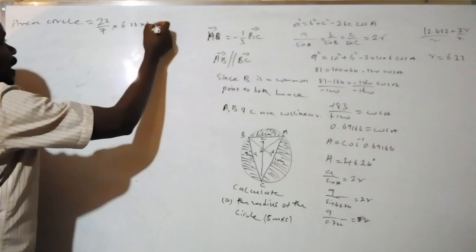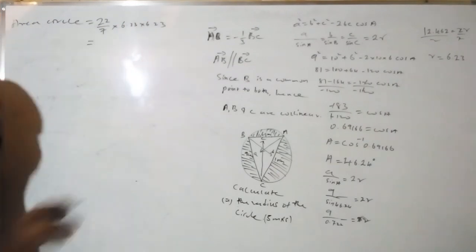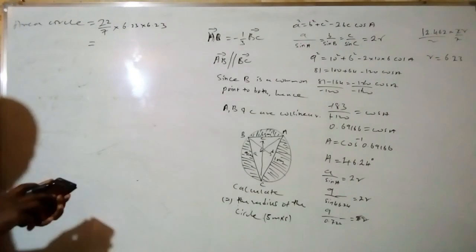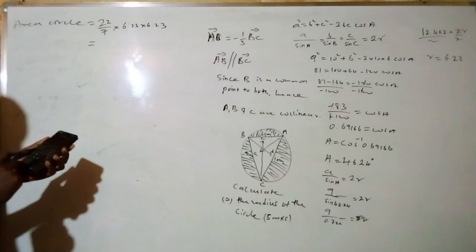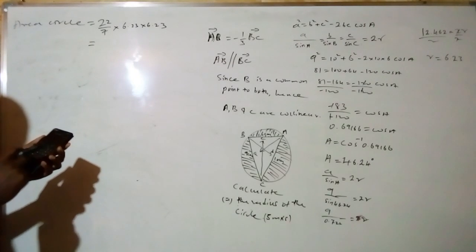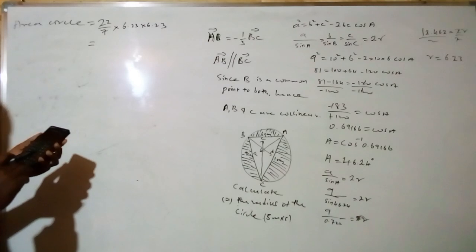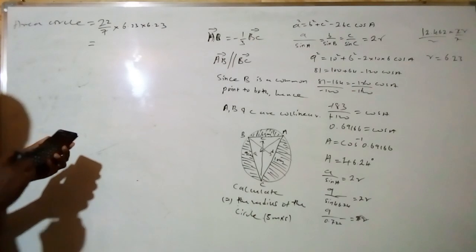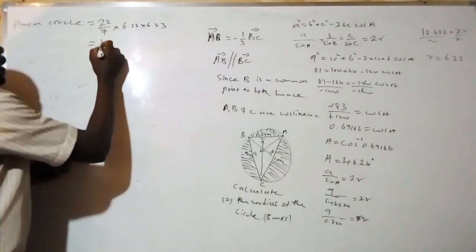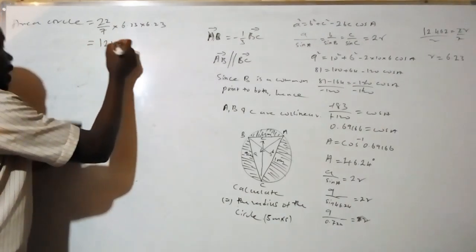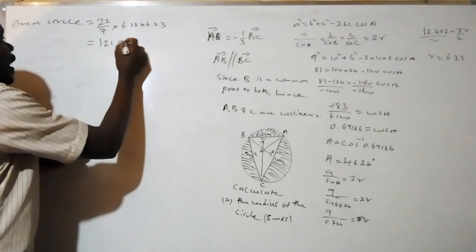Using a calculator: 22 times 6.23 times 6.23, divided by 7, gives 121.9834.